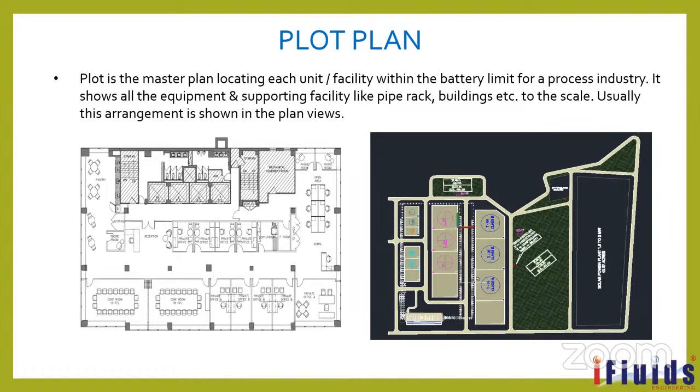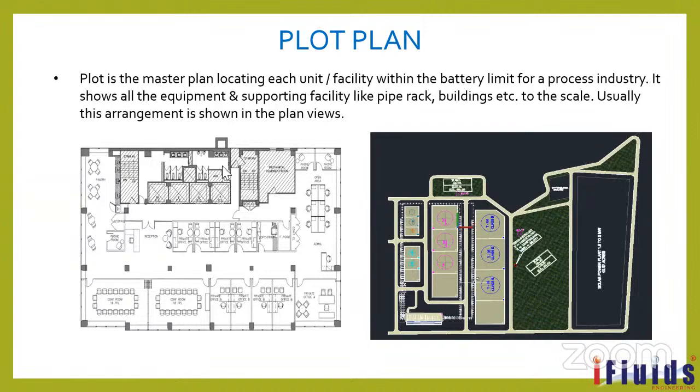It also shows equipment and supporting facilities like the pipe rack. Inside refineries, we need office buildings, control rooms, a security hut, and the tank farm, whatever it is, and it will be shown in the plot plan.